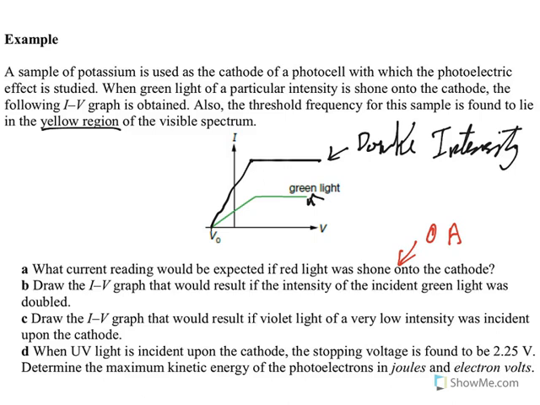The next one says draw the IV graph that would result if violet light of a low intensity was used. So violet, and I'll rub that Roy G. Biv stuff out. And remember, this is the threshold. So violet is down here.